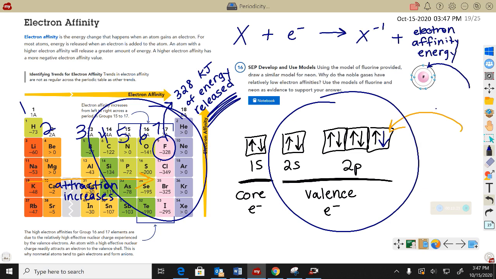Some of these big guys at the bottom, like your antimony and tellurium and iodine, have a hard time attracting their own electrons. So the chance that they're going to attract other electrons and gain electrons is just not always as likely. And when they do, they're just not going to release as much energy, especially not compared to some of the smaller atoms at the top of the group that have stronger attractions and are more likely to gain the electron and more likely to release energy when the electron is gained.